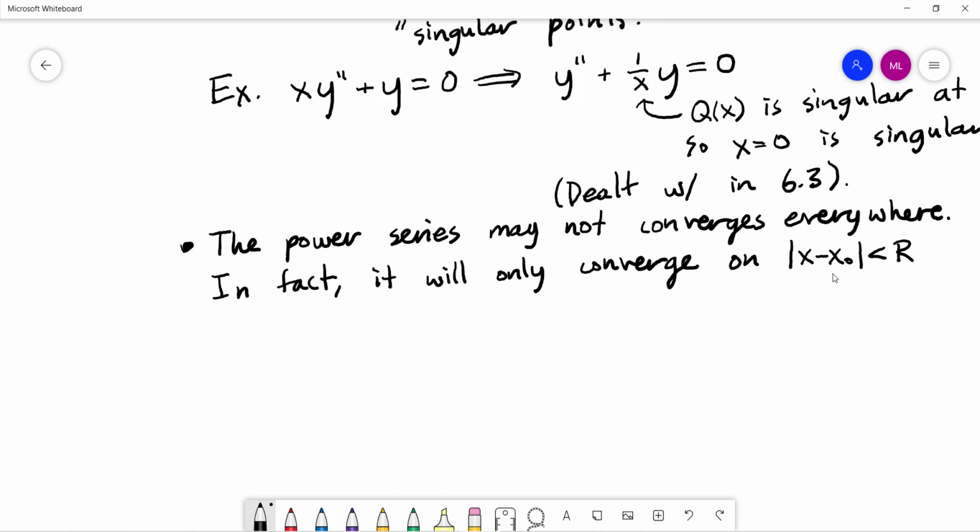So r is the distance from the centering point, x0, to the nearest singular point.